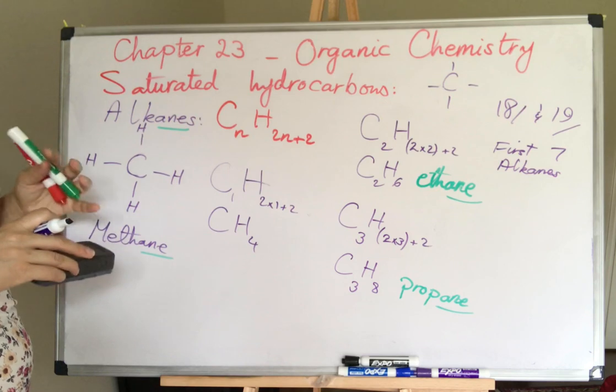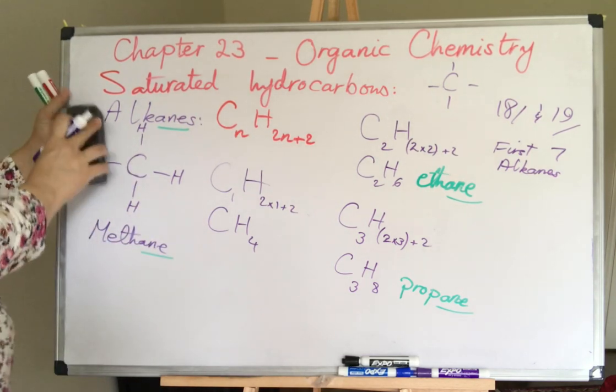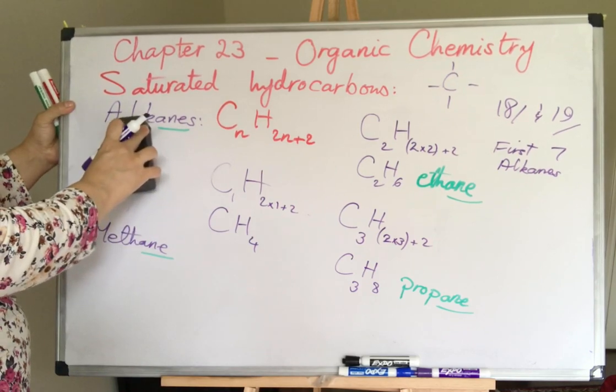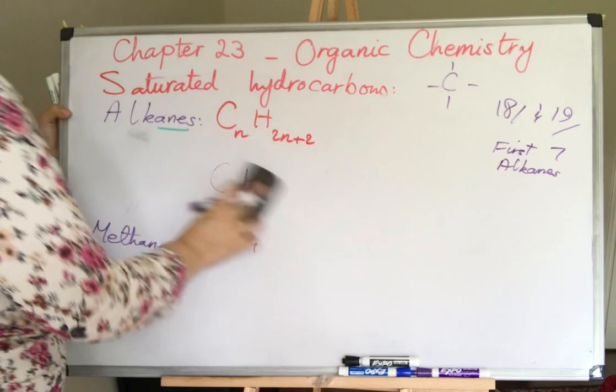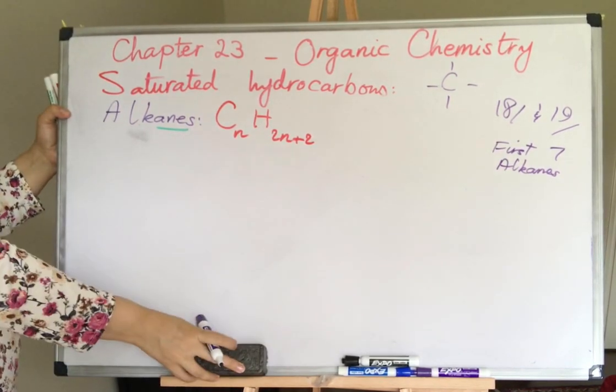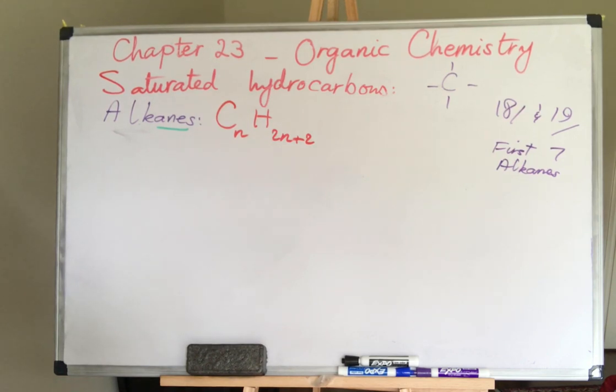I'm sure you will enjoy it also, although it's very different. So I want you to know the names of the first 7 alkanes: methane, ethane, propane, butane, pentane, hexane, and heptane.